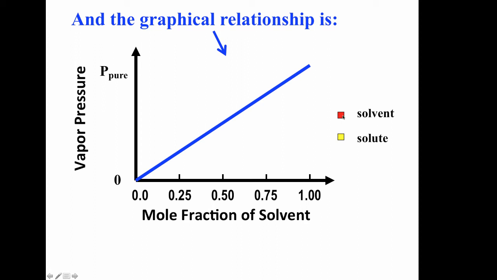And if we look at this in terms of a conceptual understanding, let maybe red spheres represent solvent and a little red square and yellow square represent the amount of solute. If we are at a mole fraction of 1, and note this is the mole fraction of solvent, that's basically 100% solvent. And so it's going to have a vapor pressure that's the vapor pressure of the pure solvent, because it is pure solvent.